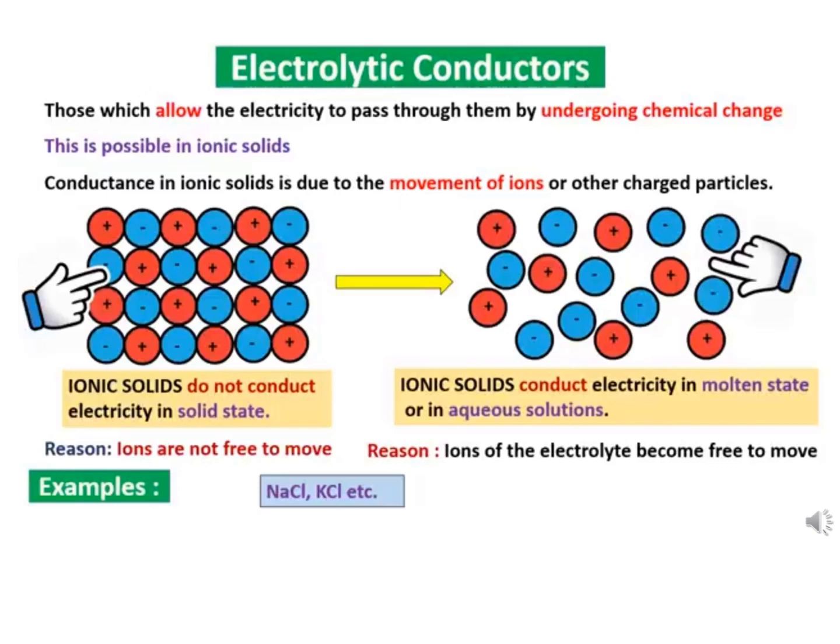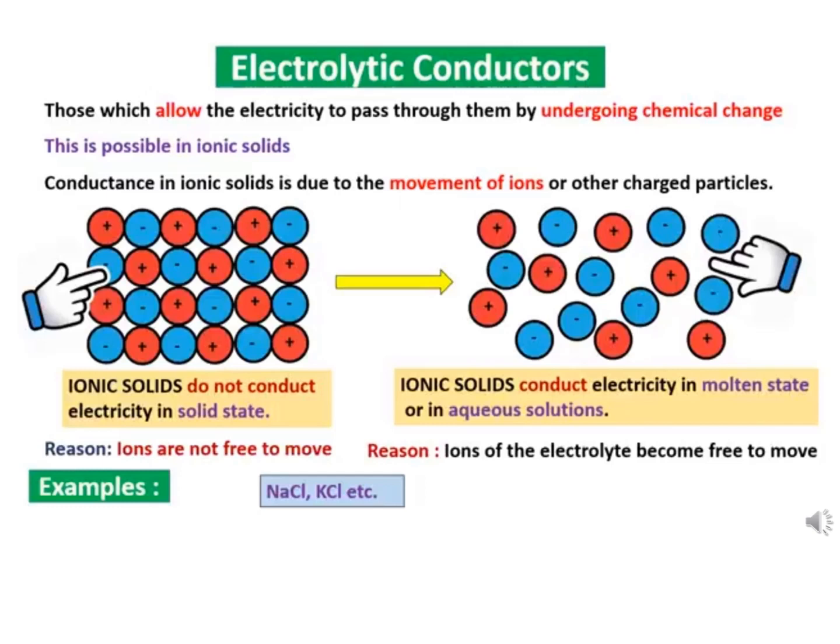On the left side of the figure you can see that these ions are not free to move. They are in packed form, so electricity will not pass through ionic solids.